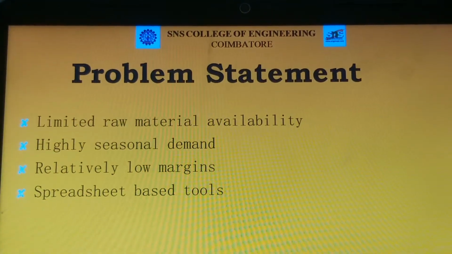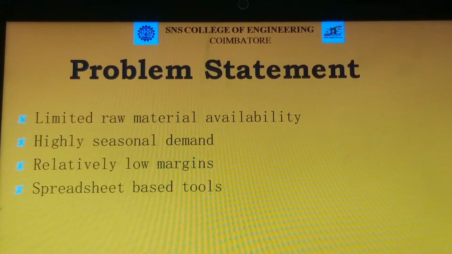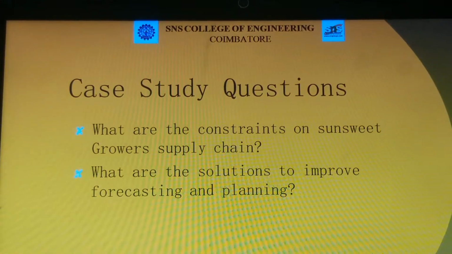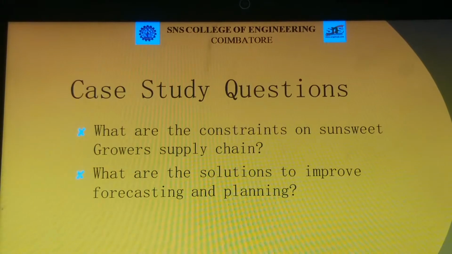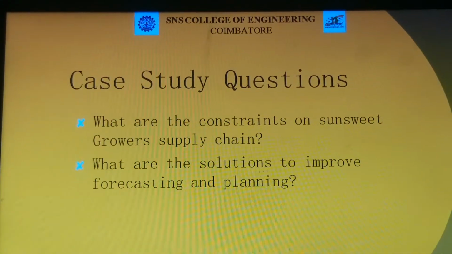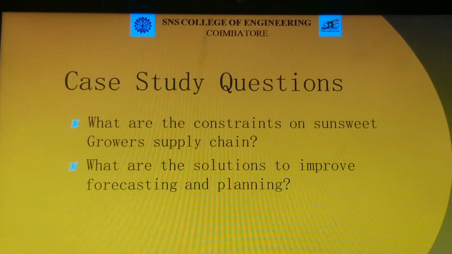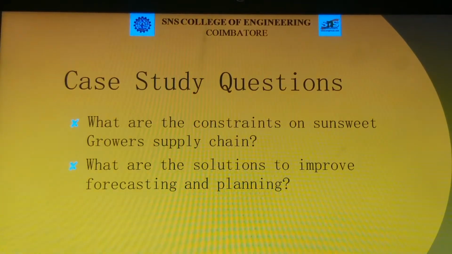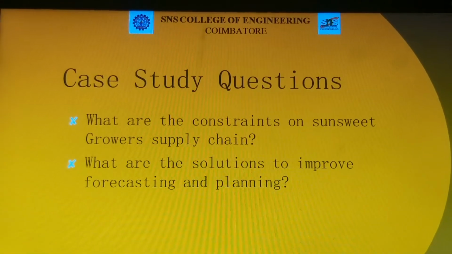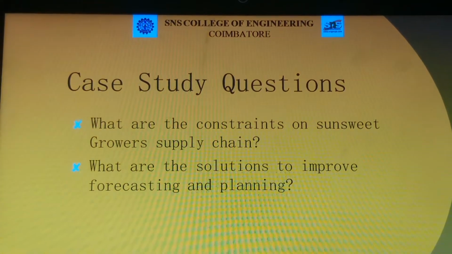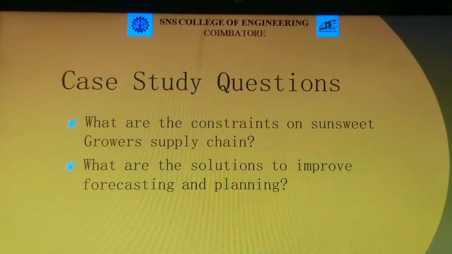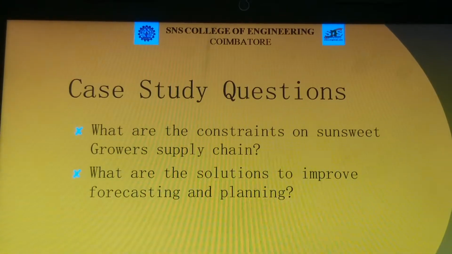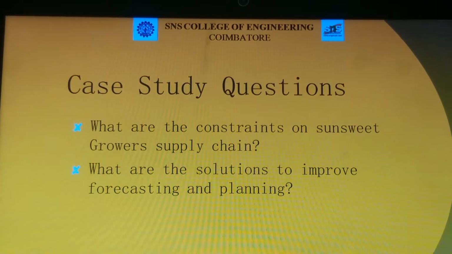So, the relative solution to the problem is that they have to look into forecasting and planning solutions. They have to look into predictive data analysis solutions, something like forecasting techniques, a decision tree model, which has to be incorporated into their solutions.